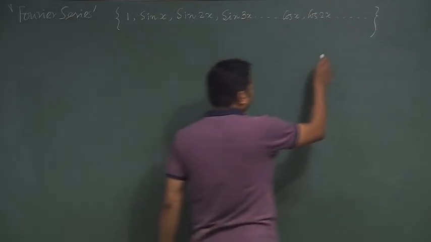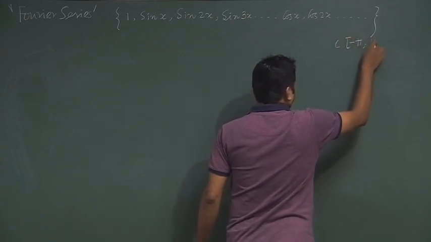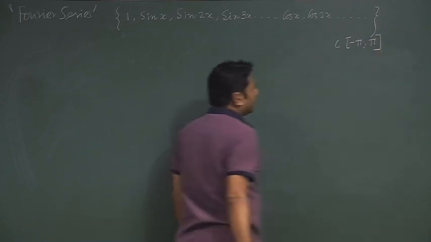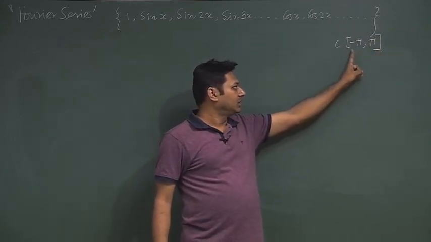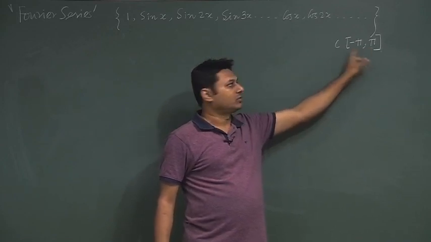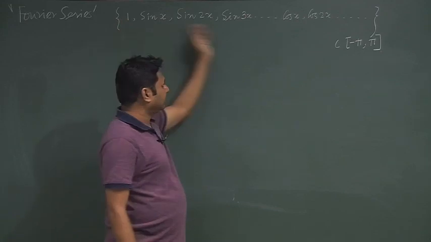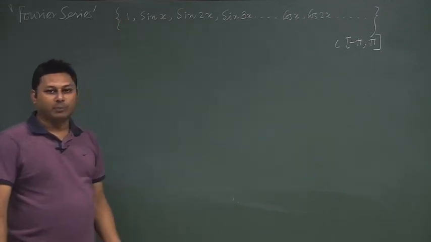By the way, this function belongs to this set, a continuous set of functions with the limit minus pi to pi. So, for this limit, whatever functions are given are linearly independent of each other, that is point 1.